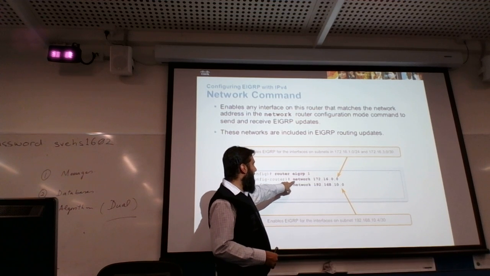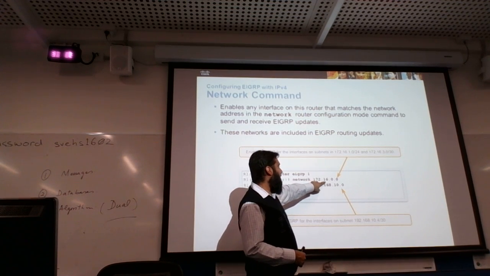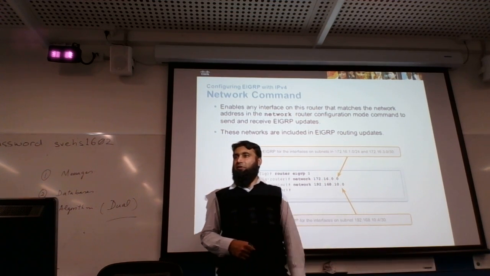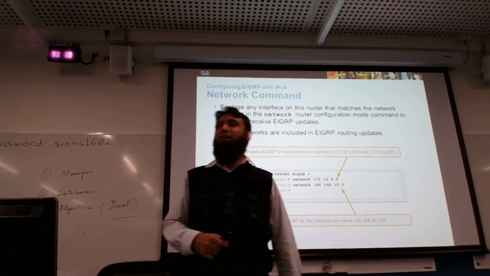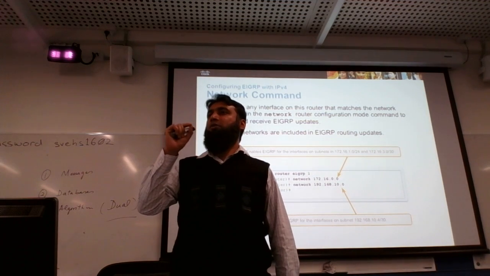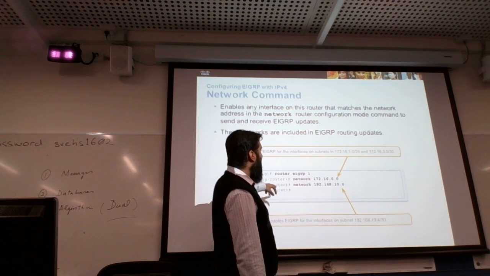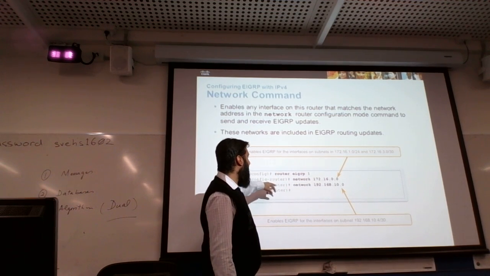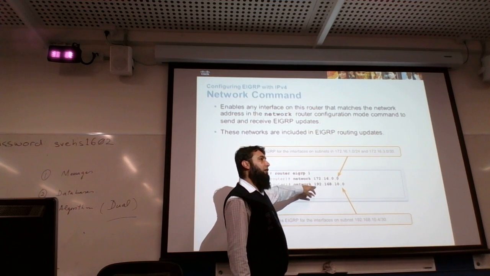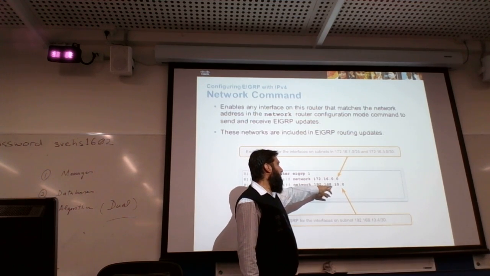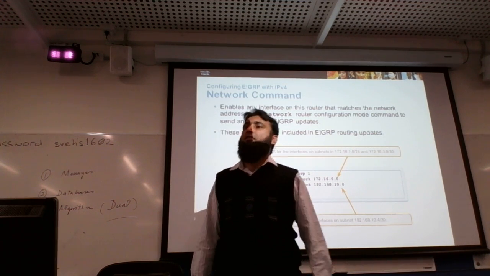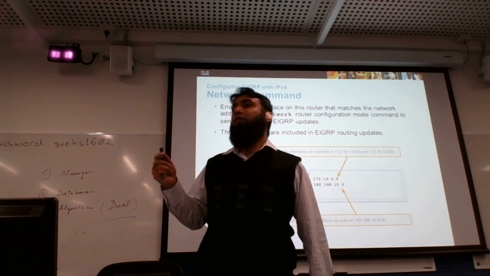I will put network 172.16.3.0 and then wildcard mask 0.0.0.3. And accordingly, for the other LAN interface, I have network 192.168.10.0 and the mask is 255.255.255.0.